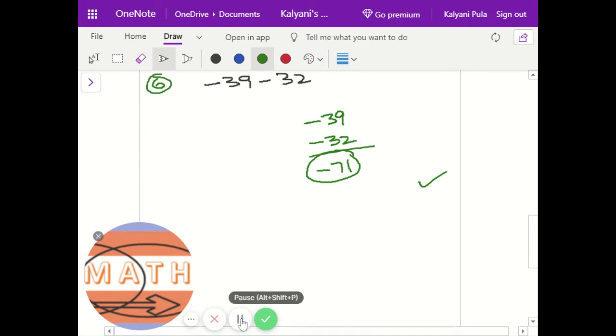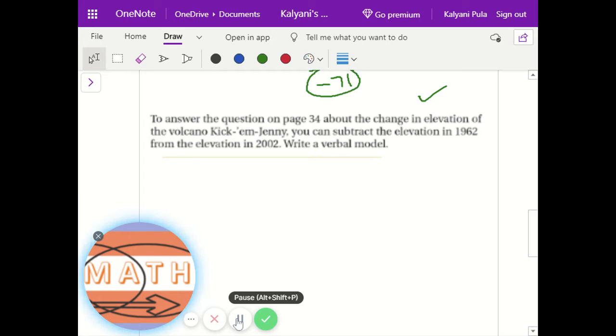Good, very good. Let's do a word problem now. Let's go ahead and read the question. Okay, so for this question, we're going to look at the change in elevations.